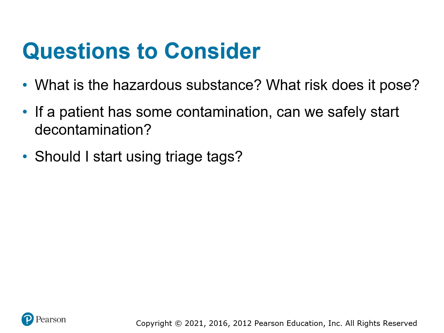If a patient has some contamination, can we safely start decontamination? That should be started when a safe area is designated and trained personnel are present. And should I start using triage tags? Triage tags can be utilized in any size incident for patient identification.